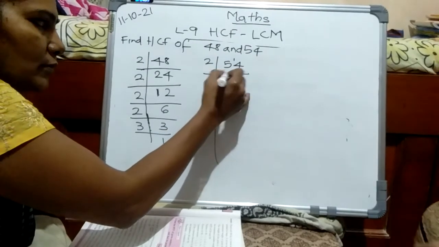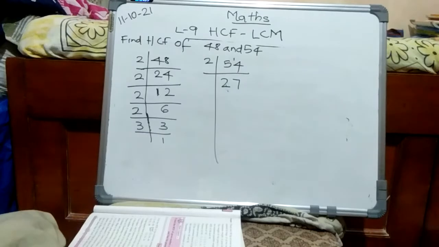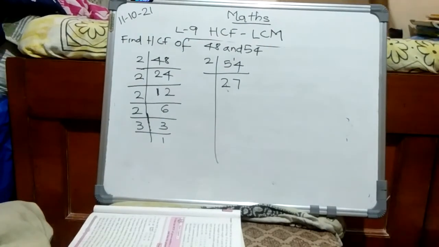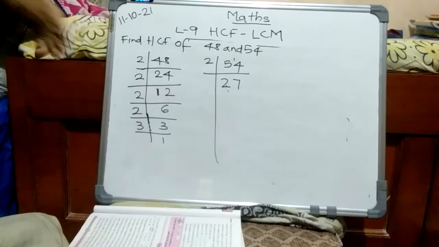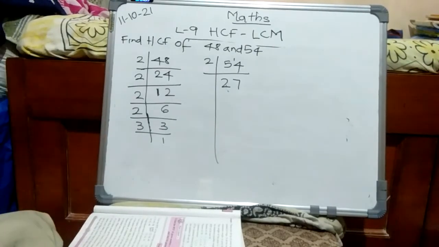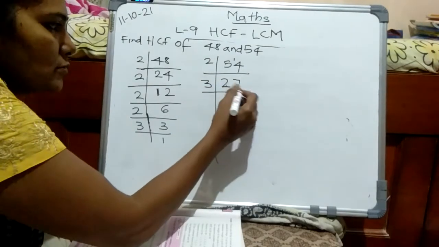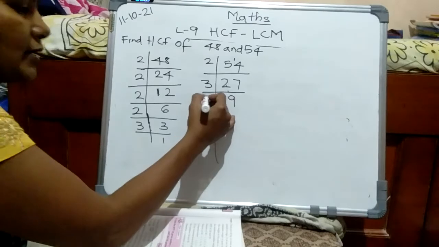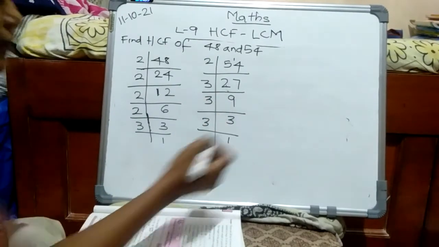Then here it will become 2 7s are 14. Now 27 has come. So what we will do? 2 plus 7 is equal to 9. It means this number is divisible by 3. So 3 9s are 27. Now 3 is there. 3 3s are 9. 3 1s are 3.